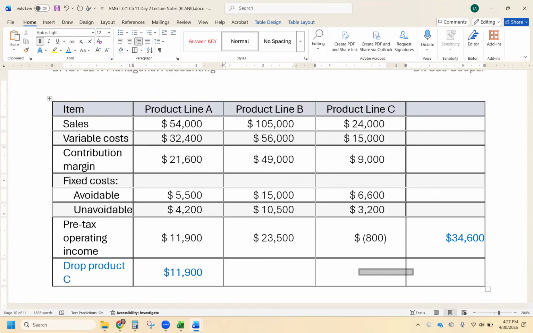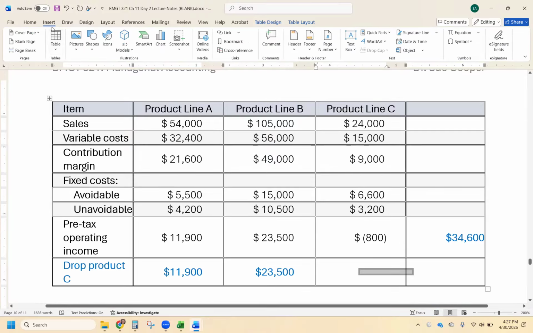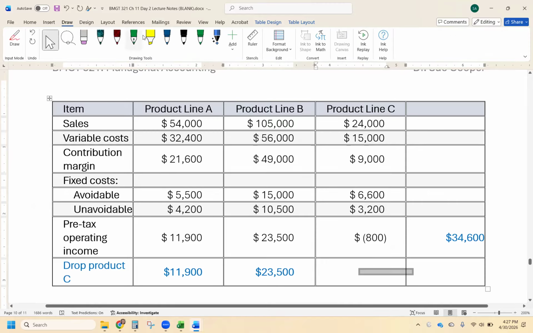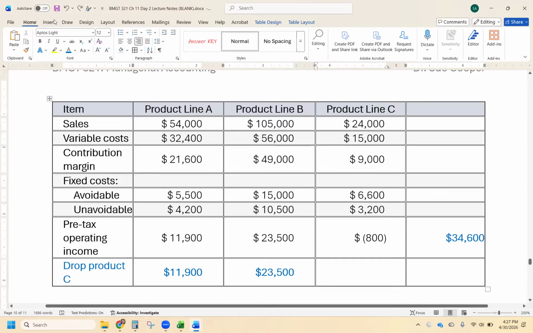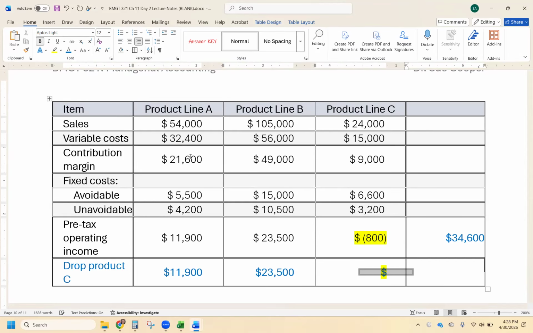Product line B will be making 23,500 as per usual. And product line C will be making 0, right? Is that right? It's a 0.